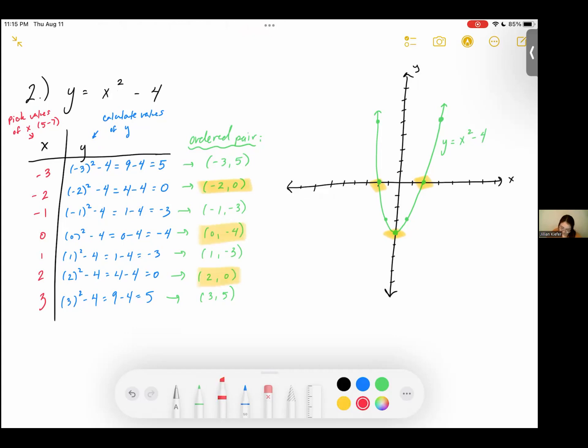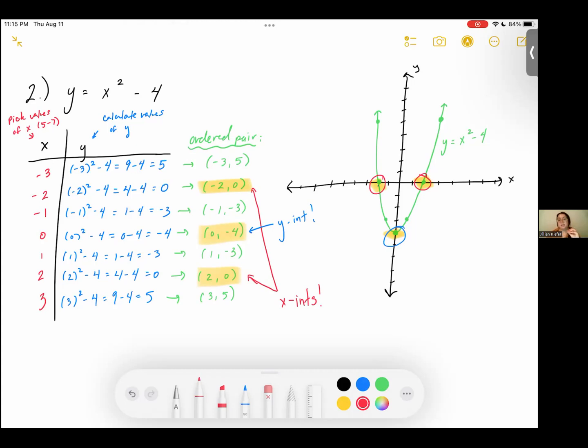The -2, 0, and 2, 0 are the x-intercepts. Then the point 0, -4 is the y-intercept. Because that is where our graph actually crosses those axes at those points.